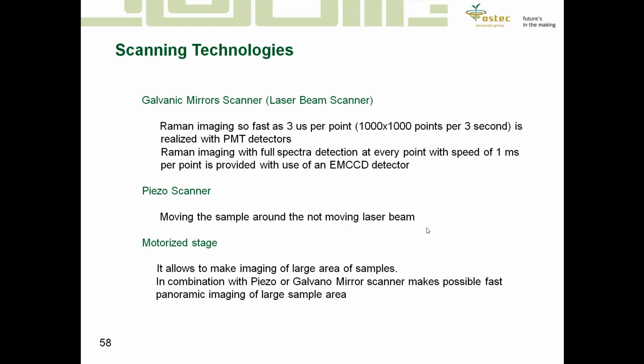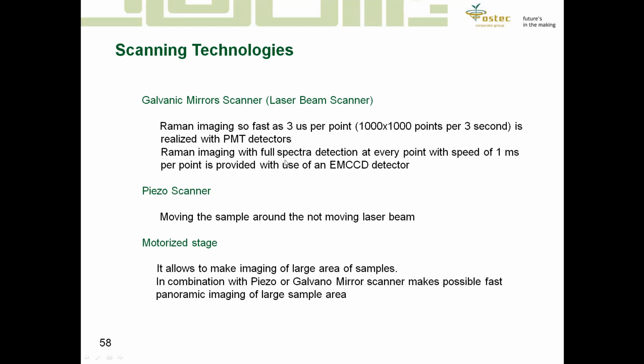A motorized stage allows us to scan very wide ranges, about 7 by 5 centimeters as positioning range, but the step size for a motorized stage is about 100 nanometers. And there is also a galvanic mirror scanner, which scans by the laser spot, and it can do it very fast, up to 3 microseconds per point.